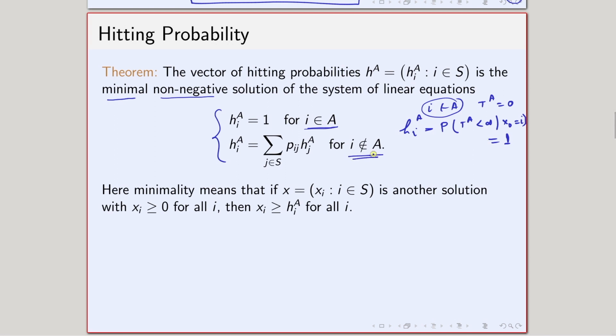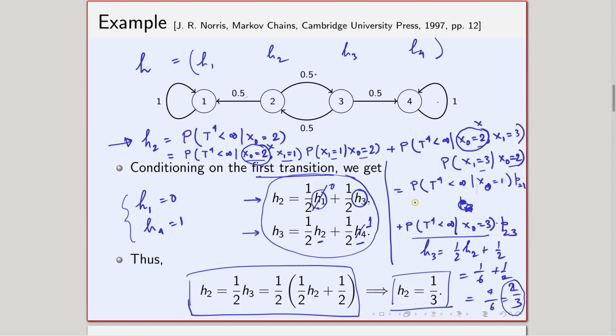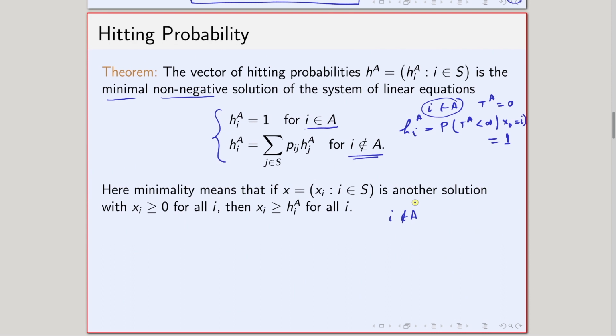If I am outside A, what happens? If i does not belong to A, then the first transition I will make, suppose from i, in the first transition I can go to j. So it will be P_ij multiplied by H_j^A. Now starting from j, what is the probability that in finite time I will hit the set A?